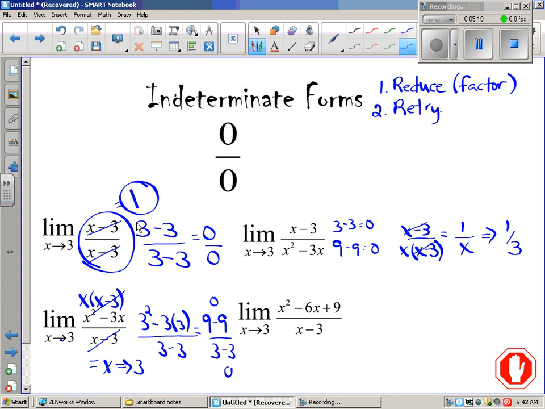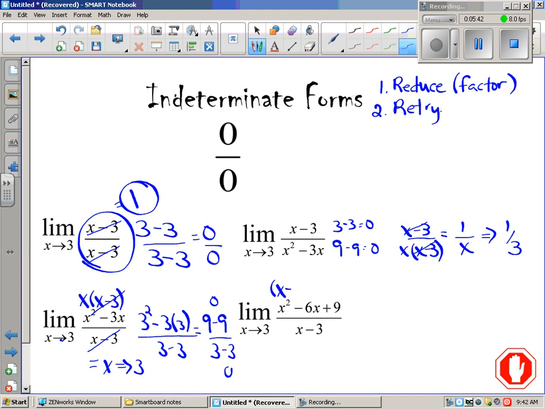If you have 0 over 0, you're going to factor it and see what you need. So here, I jumped the gun, but you would get 9 minus 18 plus 9. So again, negative 9 plus 9 equals 0. And on the bottom, 3 minus 3, which is also 0. So again, 0 over 0. Now, what we're going to do is factor it.